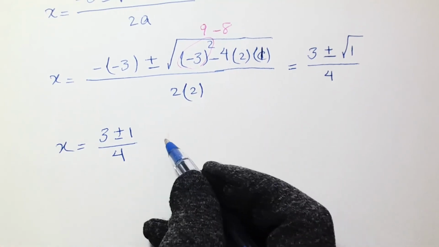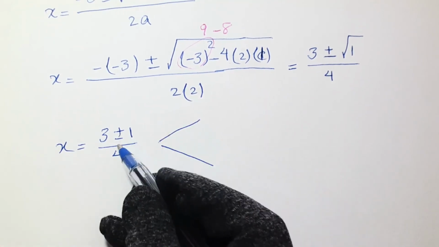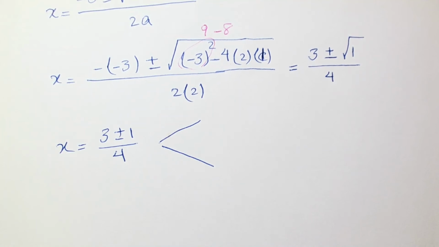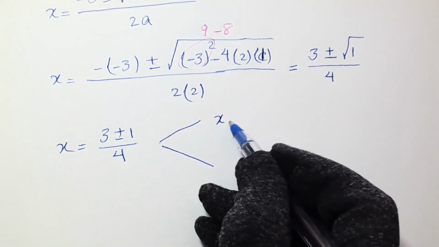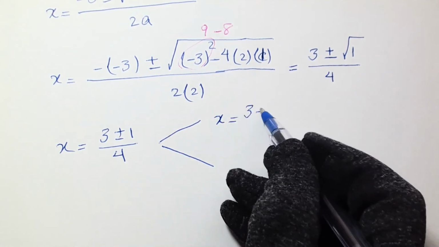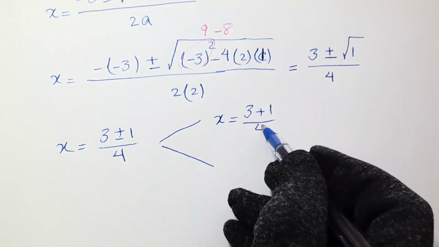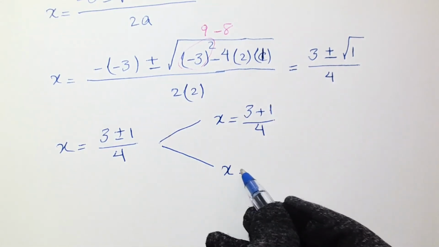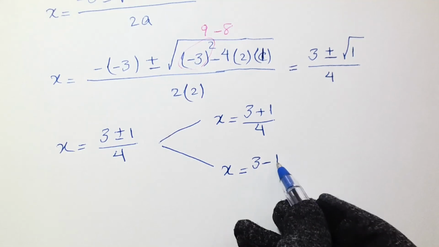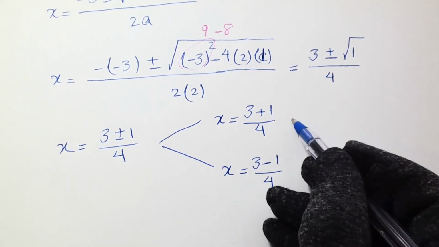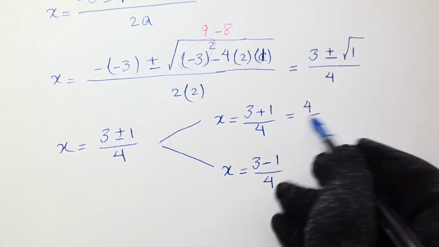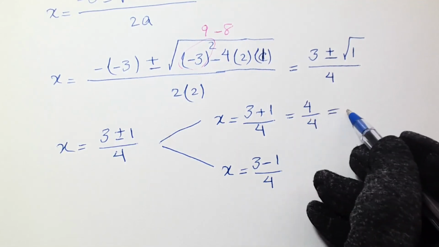Now, we mentioned that plus or minus means two solutions. So, one of them is 3 plus 1 over 4. The other solution is 3 minus 1 over 4. 3 plus 1 is 4. 4 divided by 4 is 1.